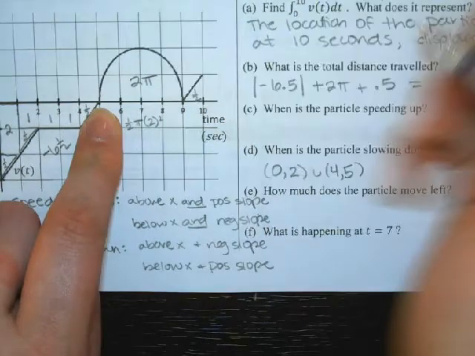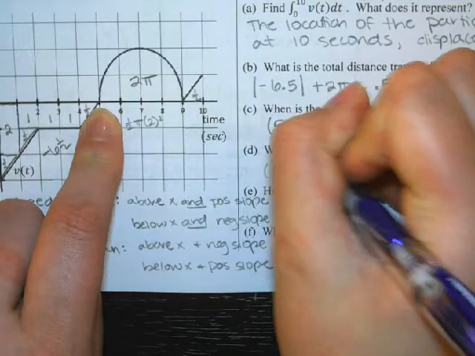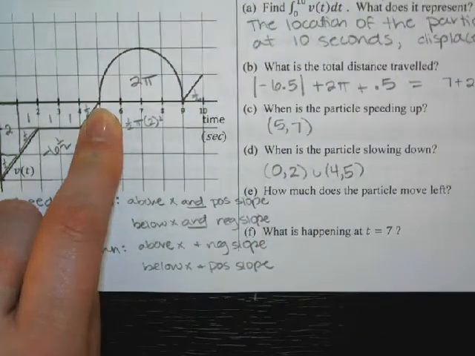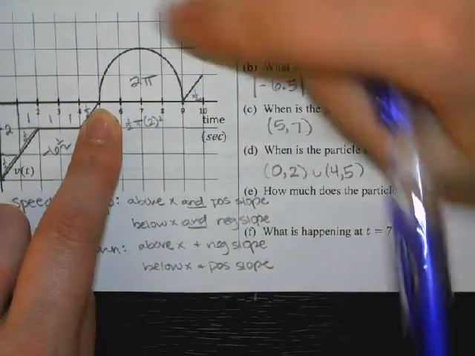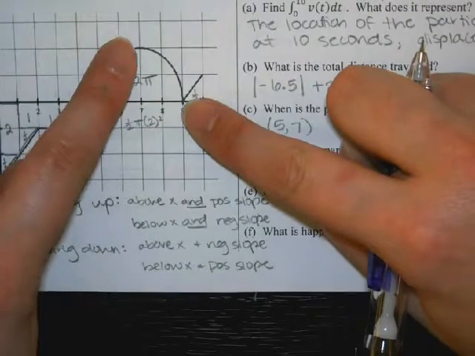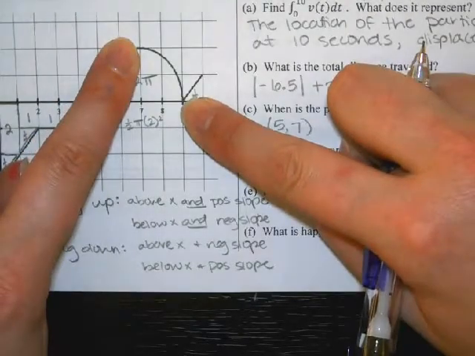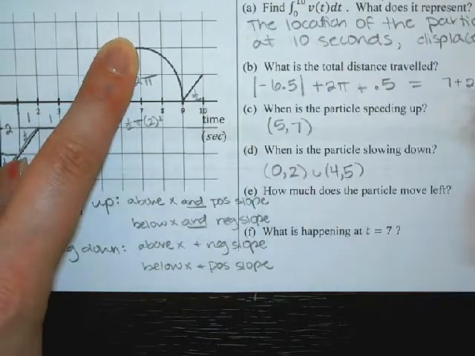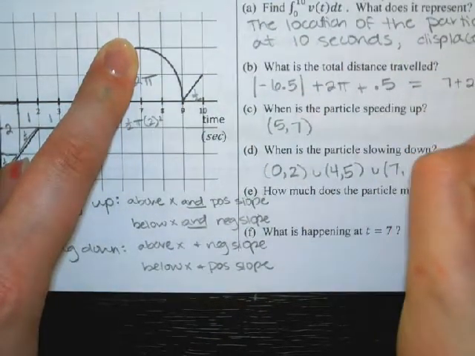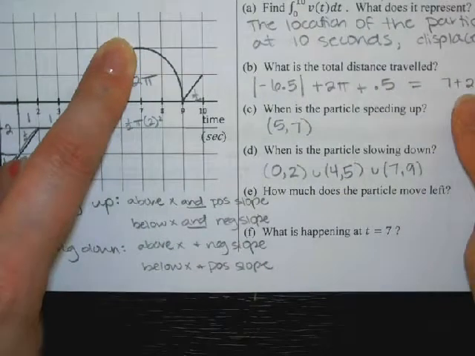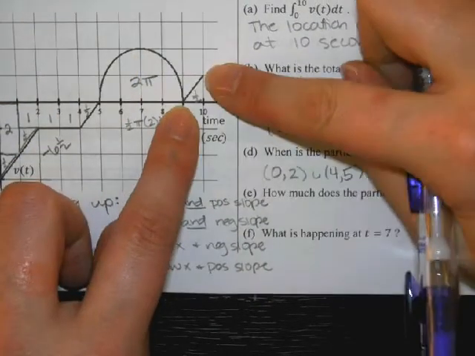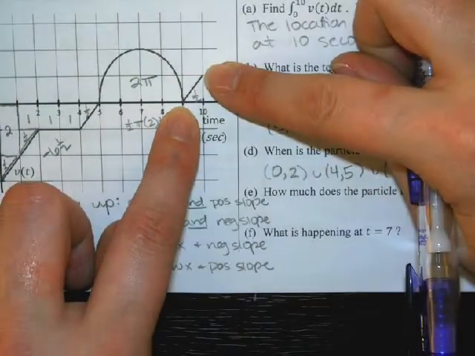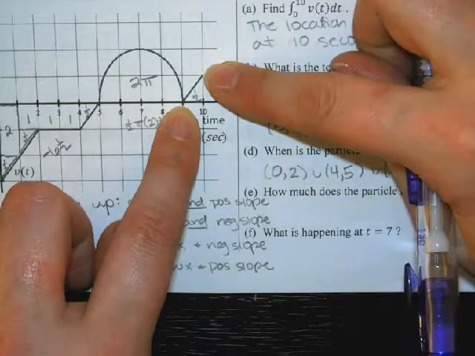From 5 to 7, we have a positive velocity and a positive acceleration, speeding up. From here to here, we are above the x-axis, but with a negative slope. Slowing down. And then that last little piece is above the x-axis with a positive slope. Speeding up.